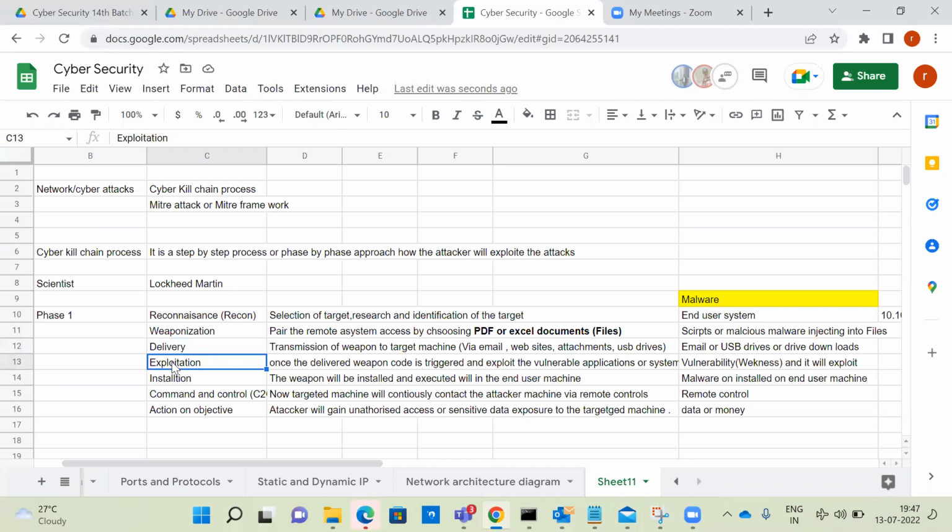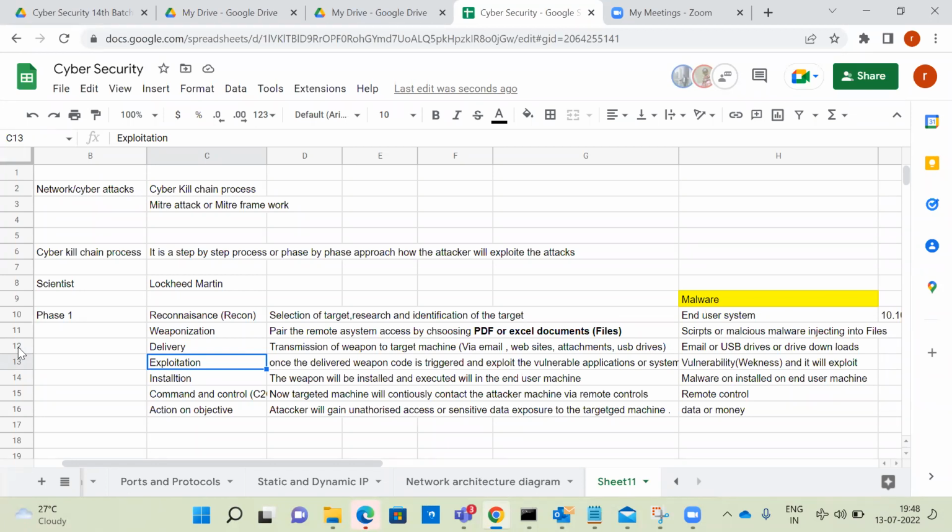Exploitation: whatever that weapon is, malware or anything else, it went into the organization. Once that malicious software program is injected into the system and a weakness is identified, that means the vulnerability is exploited. Installation: it will be installed and executed on the end user machine.